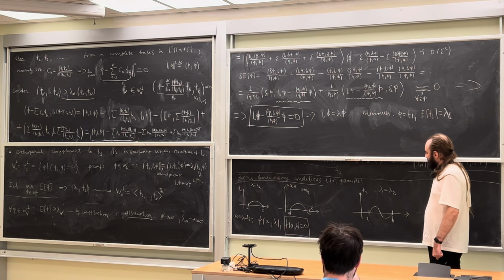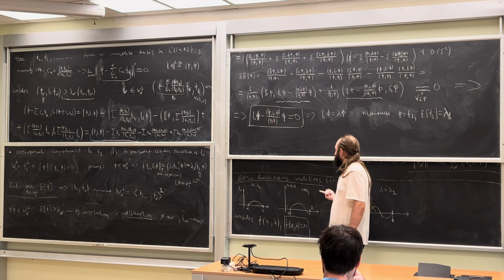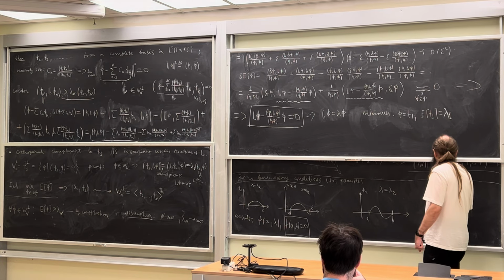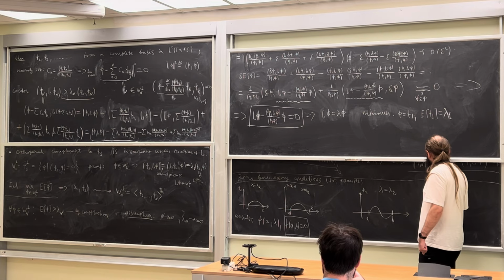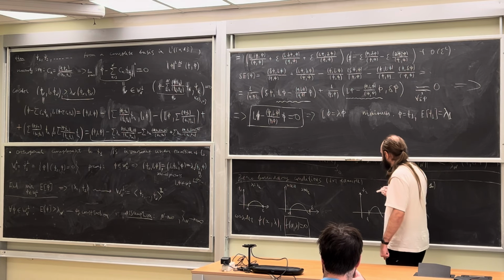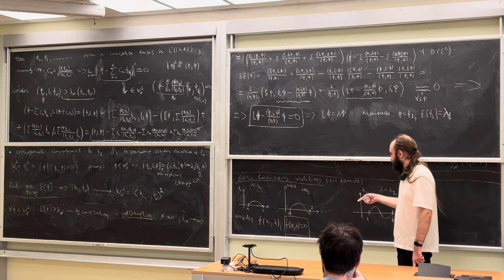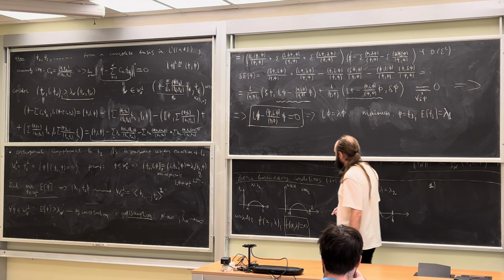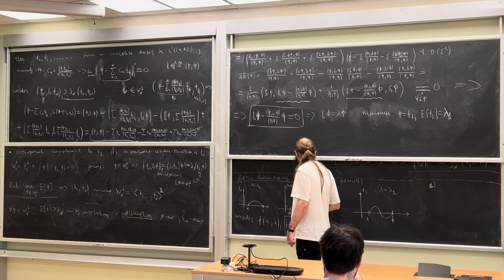So we see that the eigenfunctions and eigenvalues of our operator can be found as the zeros of the equation psi of b, lambda equals 0.